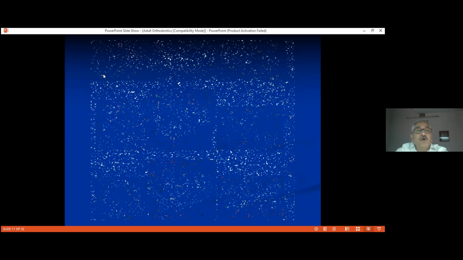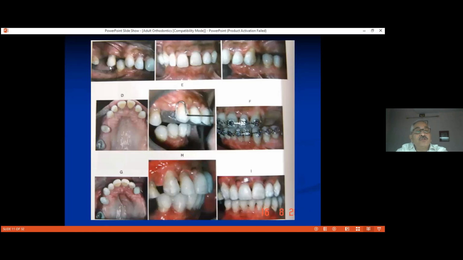Again, a long-standing extraction leading to supra-eruption of the buccal segment, premolar and molar, and a deep overbite, pathological migration, again leading to an increase in the height of the one inside to 1-1 and less in the 2-1. Same, you can see the deep traumatic overbite all over.